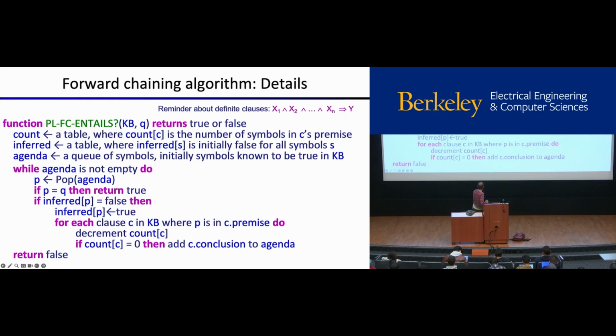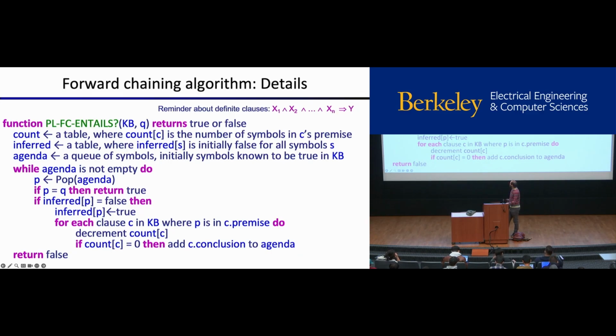As long as our agenda is not empty, here's what we do. We take the first symbol in our agenda, remove it from the agenda, and do something with it. Our symbol P. Sorry, I said this was a sentence. It's actually just a symbol. I mean, that is a sentence, but it is a particular kind of sentence. We're checking to see whether this knowledge base entails the very simple sentence made up of only one symbol, Q. We're checking to see whether the knowledge base resolves the value of that variable.